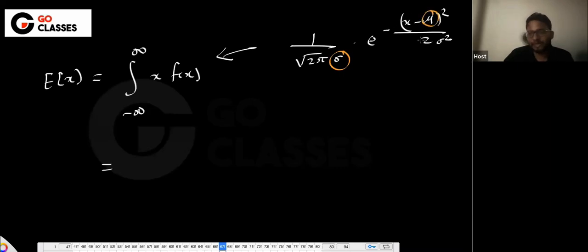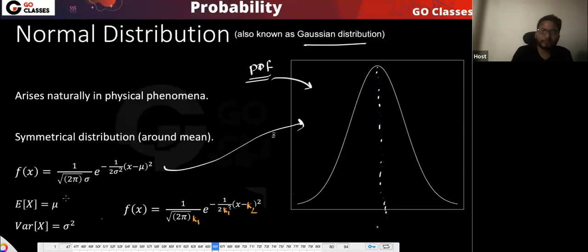The x will get eliminated, since you are integrating from minus infinity to infinity, so you will not have any x term. You will have terms which are either mu, sigma, 2, or some constant. We do not need to do it, but the final answer is mu. So basically, the expectation is mu.